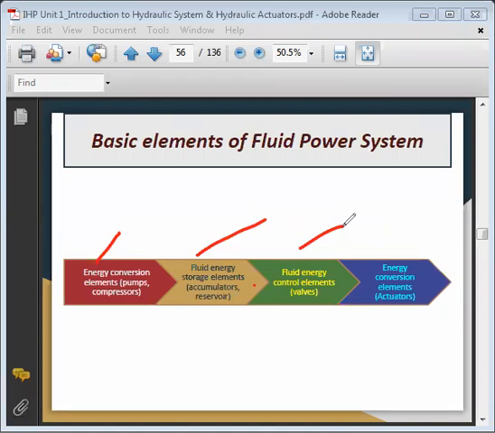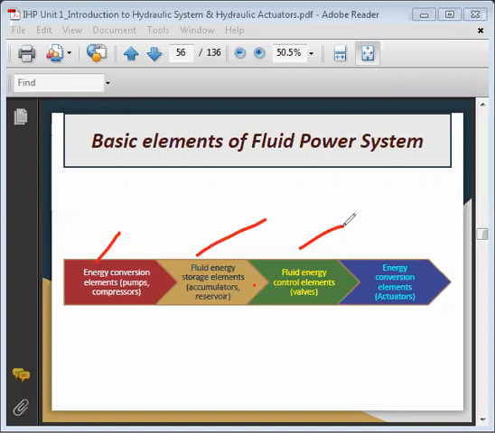In many fluid power applications, we need to convert pressure energy of liquid, which is called hydraulic energy, into mechanical energy to perform useful work. This function is accomplished by the device known as the actuator. This is the simple meaning and function of the actuator.